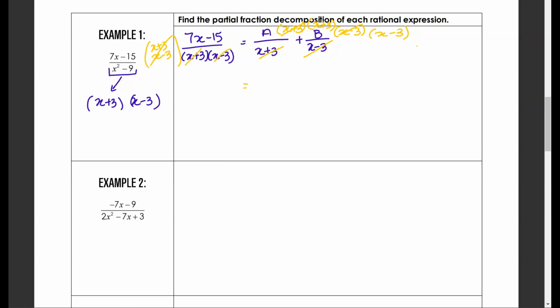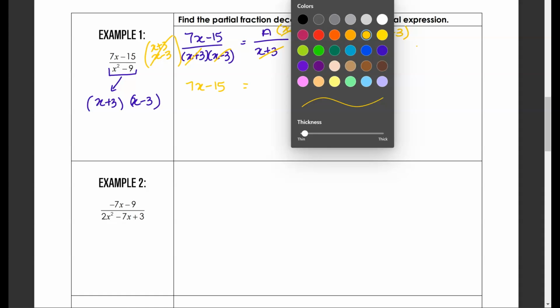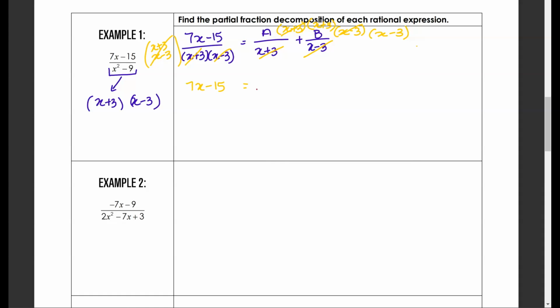So that means that we are left with 7x minus 15 equal to x minus 3 times a plus x plus 3 times b.